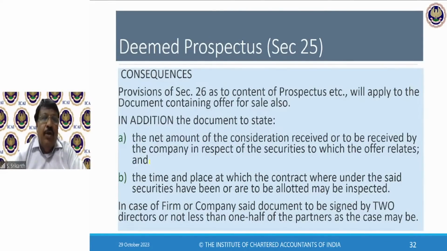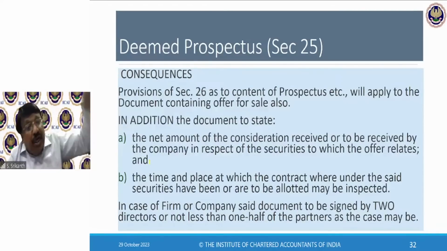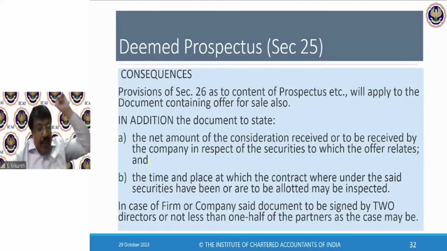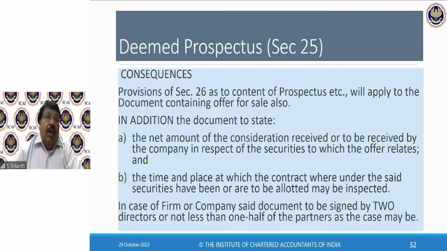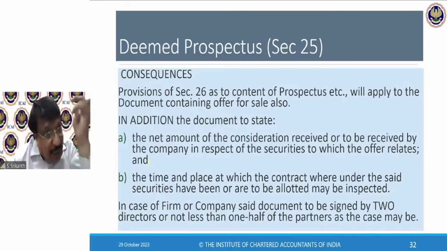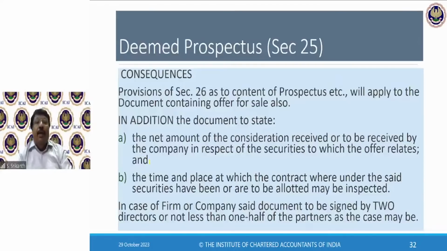Chalo, going on. In addition to the requirement of the prospectus, in addition to the other matters, this deemed prospectus should also state the net amount of the consideration received or to be received by the company in respect of the securities.